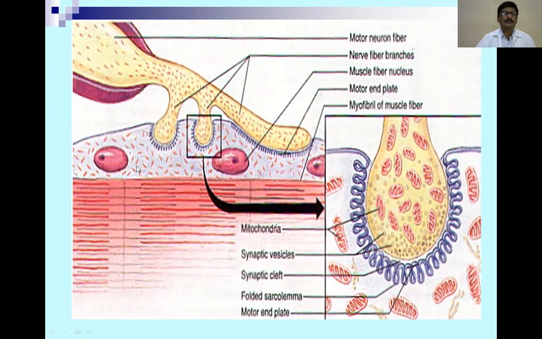So here you can see the A and I bands; these are the sarcomeres. These are the nuclei. These are multinucleated structures, and they are located at the periphery. The nuclei of skeletal muscles are numerous, and they are located at the periphery, near the sarcolemma.